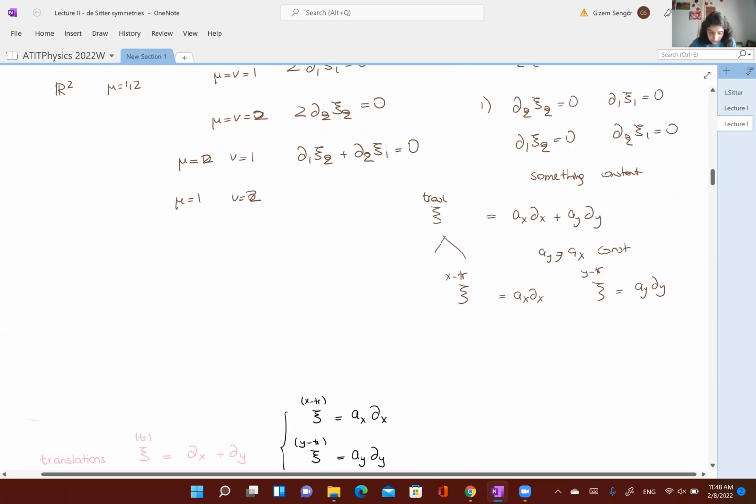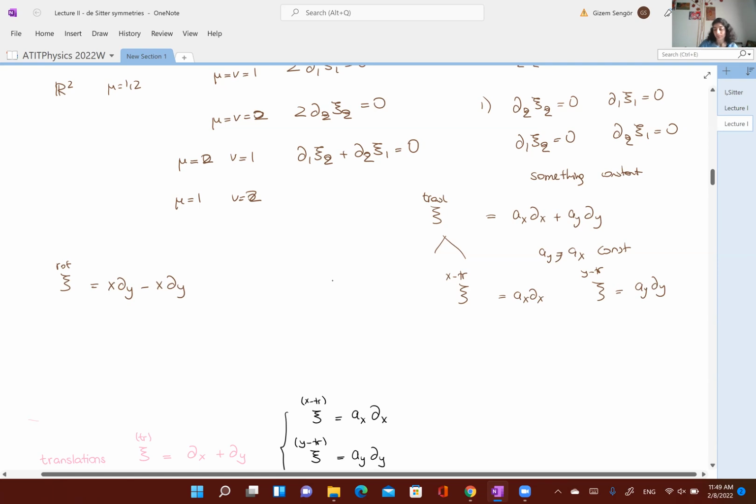If you try to work with it a little bit more, you'll find one more solution, a different solution that's like this. And this is the one that generates rotations.